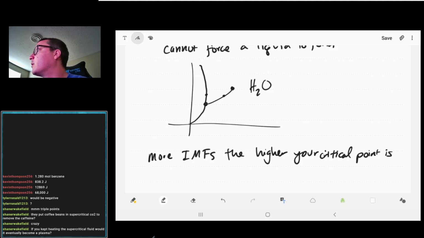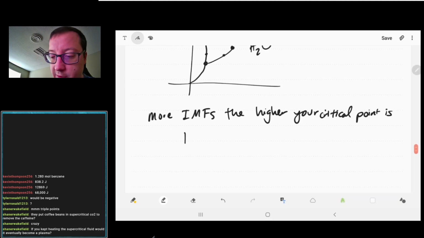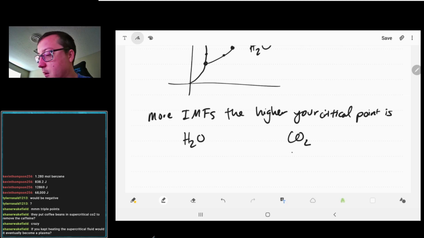So its critical temperature for CO2 is, let's just look at some numbers here. CO2 is apparently 31 degrees Celsius, which is an awesomely low temperature, and 72.8 atmospheres. That's when CO2 becomes a supercritical fluid.